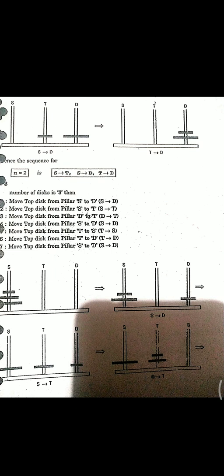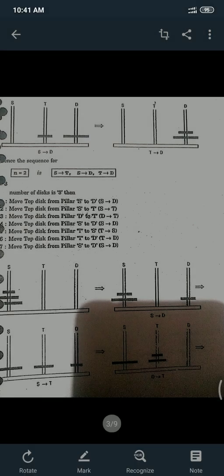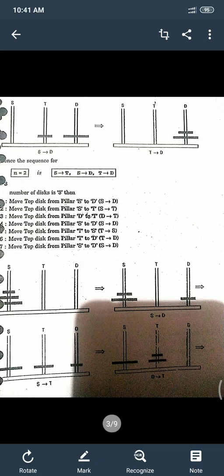If the n value is equal to 3, it keeps on going like that. If 3 discs are placed on the source pillar, let us take the top disc on the source pillar and place it onto the destination pillar. Next, take the second disc on the source pillar and place it on the temporary pillar.